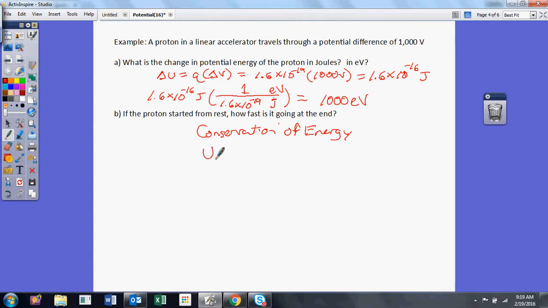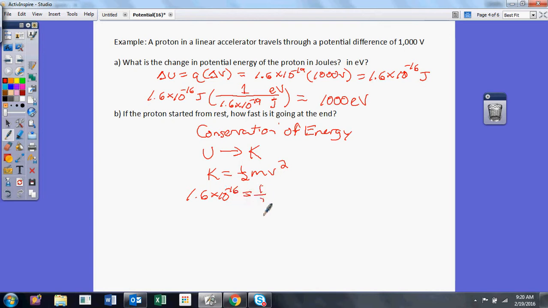So the U changes into kinetic energy, and kinetic energy we know is equal to 1/2 mv squared, whether it's an electron or a car or a person or anything like that. When using this, though, we have to work in joules, so our energy is 1.6 times 10 to the negative 16th.